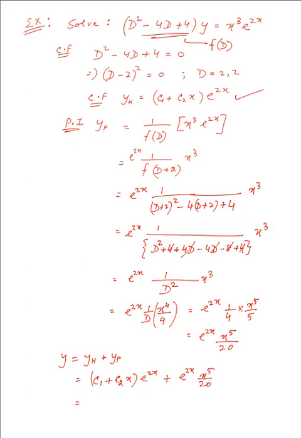We can take e to the power 2x as the common term, so e to the power 2x taken common, (c1 plus c2 x plus x to the power 5 over 20). So this is the final solution of the given inhomogeneous second order differential equation.